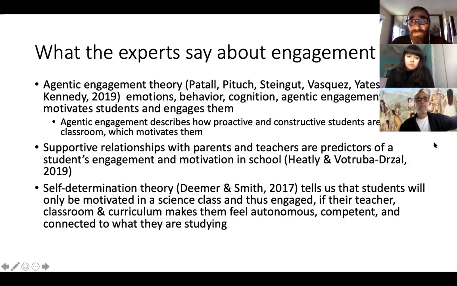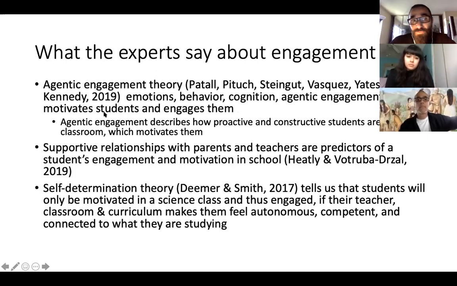And I found 3 major theories on how to engage students. So Patel, Patuch, Steingut, Vasquez, Yates, and Kennedy talk about something just recently called agentic engagement theory. And what they tell us is that not only are students engaged because of the emotions they're feeling, their behavior, or even cognitive abilities, but there's this other fourth aspect of engagement called agentic engagement.